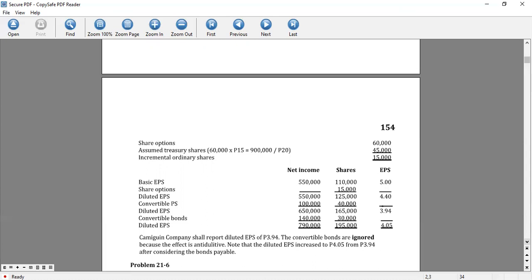Then share options under shares: 15,000 for the share options.